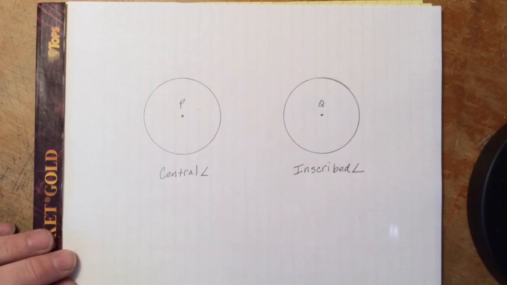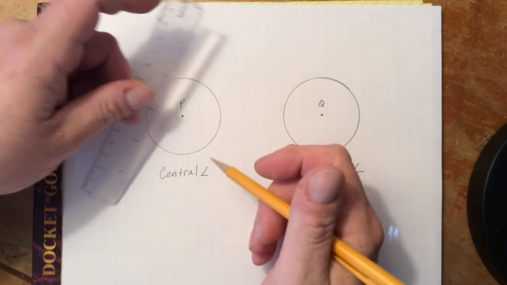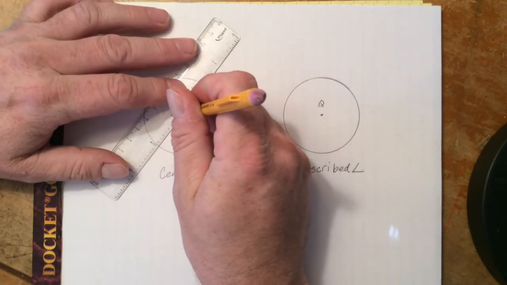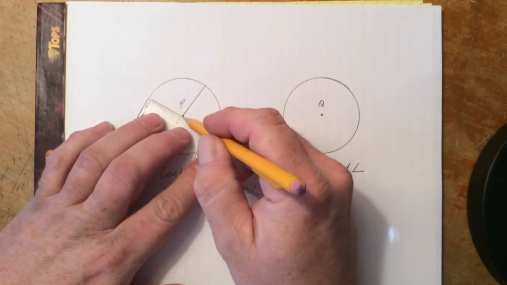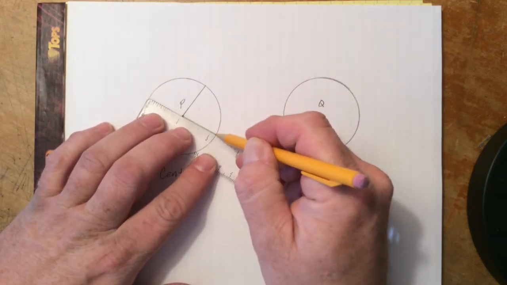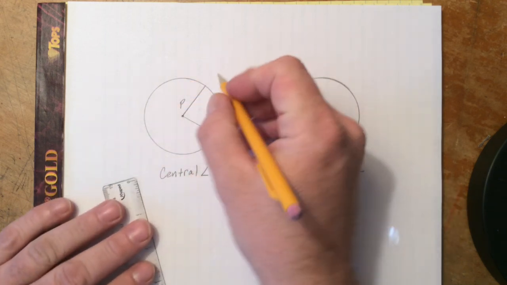These are examples from section 12.3, Inscribed Angles of a Circle. Previously, we had talked about central angles of a circle. Central angles are angles whose vertex is at the center of the circle, as with circle P here.